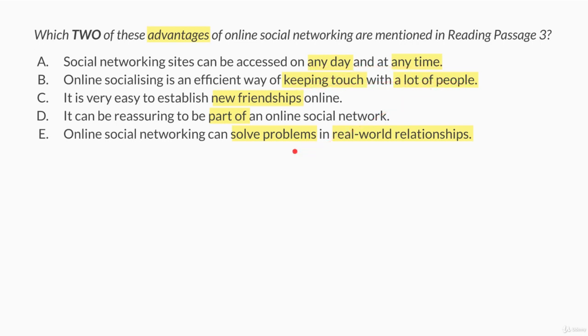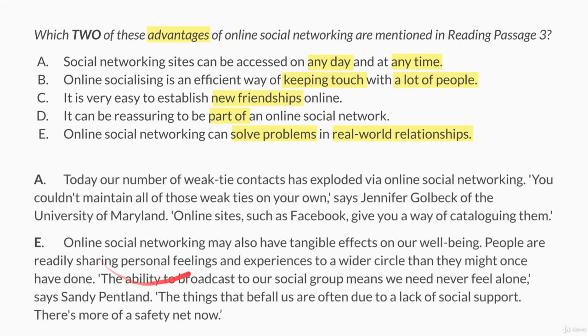But most of the times you should not really be marking the keywords from the answer choice because there's no need to do so. So let's say that here we have these two paragraphs and our answer is going to be found in these two paragraphs. Notice that here we have paragraph A and here we have paragraph E. So the two answer choices are going to come from two different paragraphs.